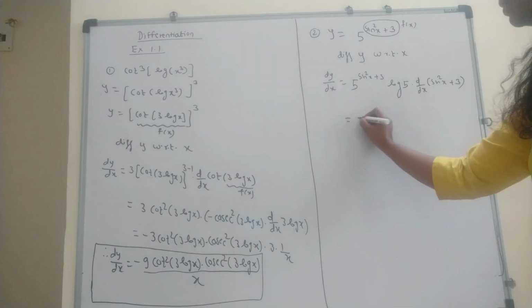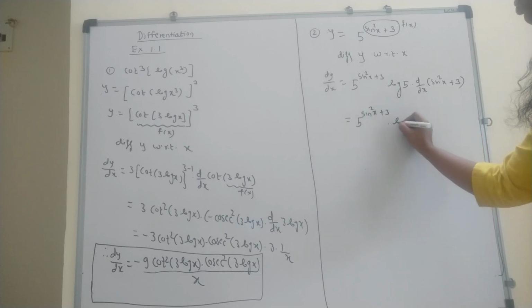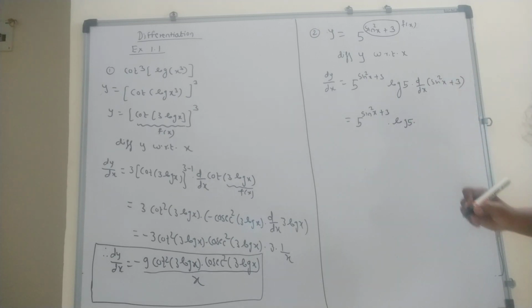So this is 5 raised to sin square x plus 3 into log 5. Now for sin square x, this is like f(x) raised to n.